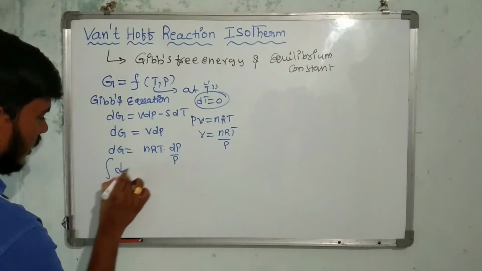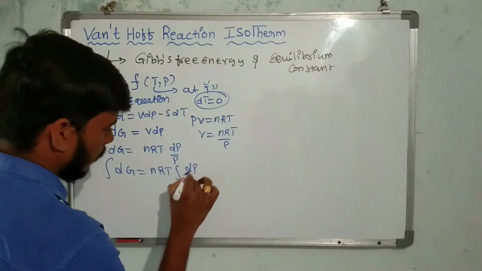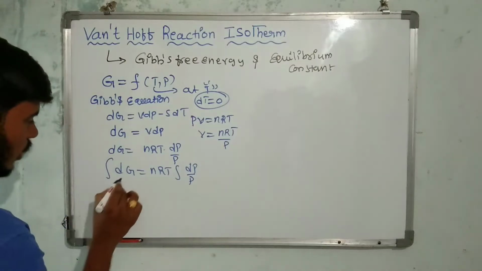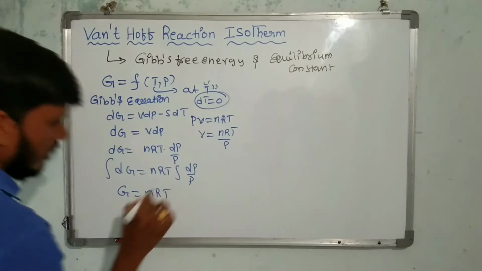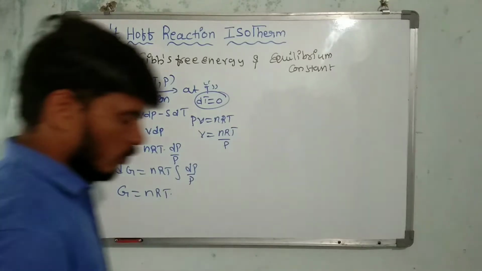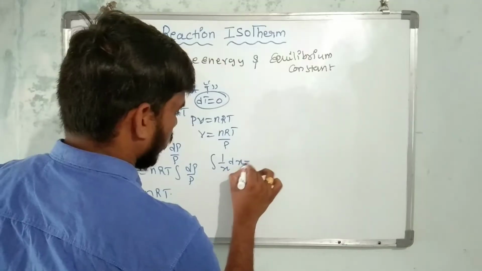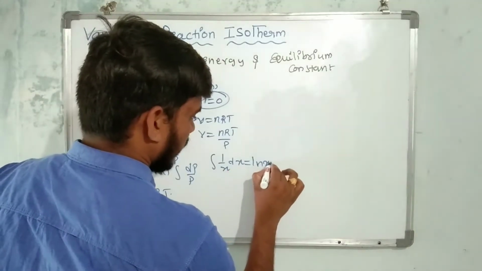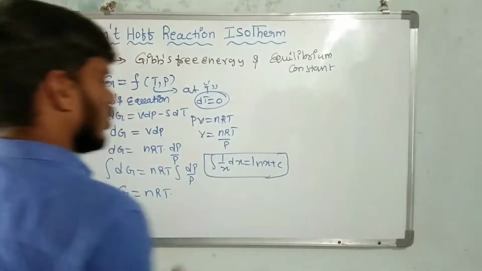Now integrating, G is equal to nRT into the integration of dP by P. The integration of 1 by x dx is equal to ln x plus c, where c is called the integration constant.